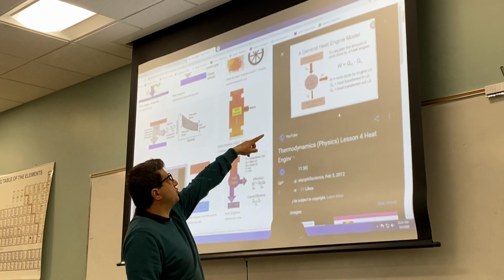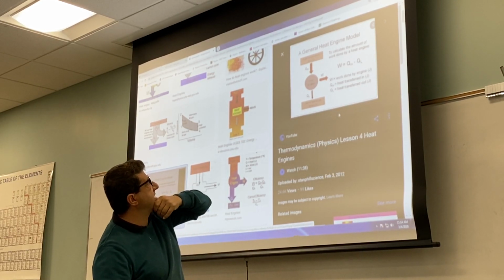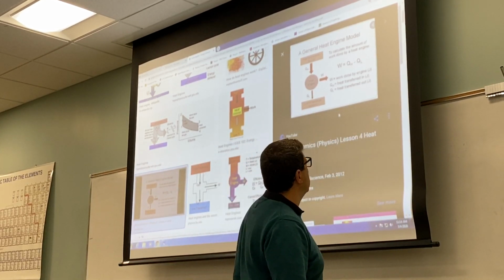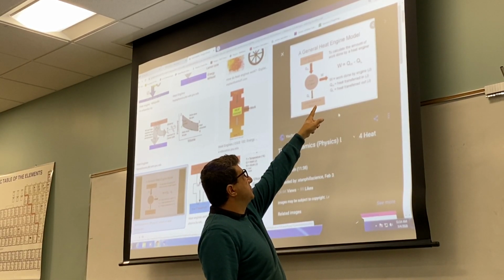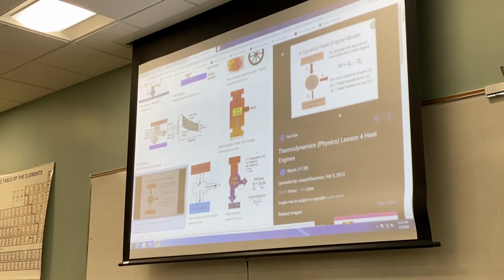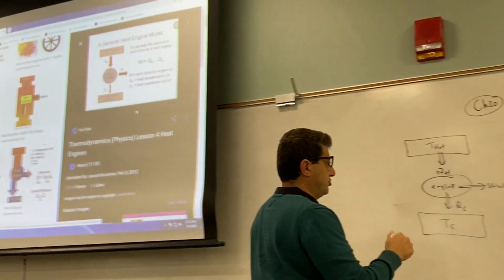So you have QH, Q cold, and to calculate the amount of work done by a heat engine, you say W is the difference between QH and QL. In other words, the work done is the difference of the two. Or the other way to say it, QH is equal to W plus QC. Right? Or you could say W is QH minus QC.